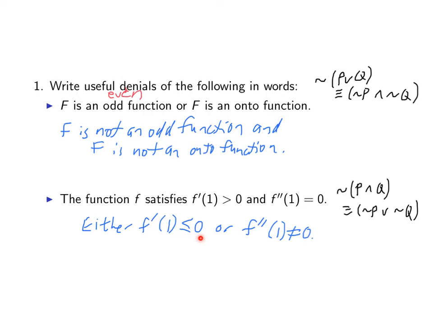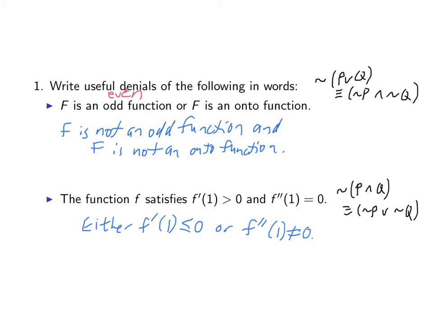Either f prime of 1 is less than or equal to 0, right? That's a proper denial of f prime of 1 bigger than 0 because of the trichotomy of the ordering properties of the real numbers. So either f prime of 1 is less than or equal to 0, or f double prime of 1 is not equal to 0.